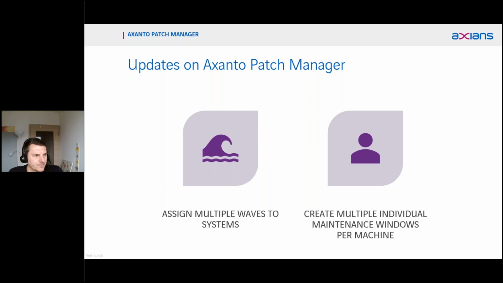And the other point, creating multiple maintenance windows for the systems, came up at customers too. They said, okay, we have the possibility to create a maintenance window with recurrence, where you can define that every week or every month the system has a maintenance window and the patches get applied. But sometimes that's not enough, because system owners have defined maintenance windows over the whole year, and they want individual dates, not a defined recurrence.